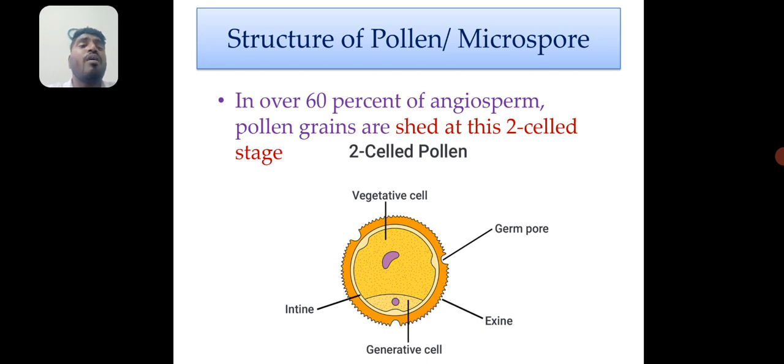Structure of pollen or microspore. Over 60% of angiosperm pollen grains are shed at this two-celled stage. So what are the parts of a pollen grain? One is the vegetative cell, another is the generative cell, the inner layer is the intine, and the outer layer is the rough exine. Germ pores are present in the pollen grain.